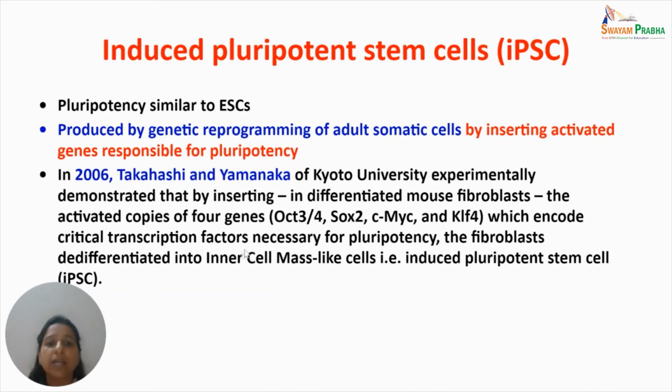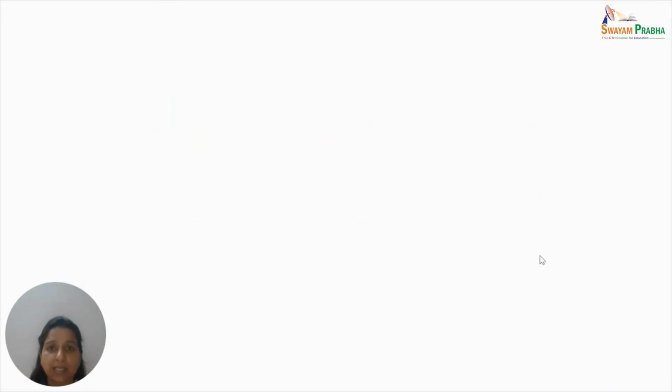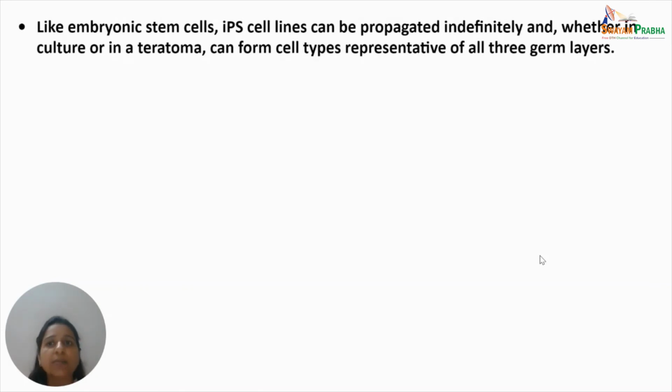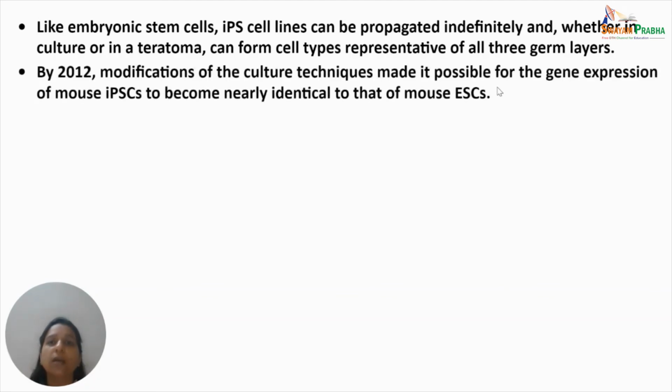That is, they were able to form pluripotent cells, and thus they were given the name induced pluripotent stem cells, iPS. Like embryonic stem cells, iPS cell lines can be propagated indefinitely, and whether in culture or in a teratoma, they can form cell types representative of all 3 germ layers.